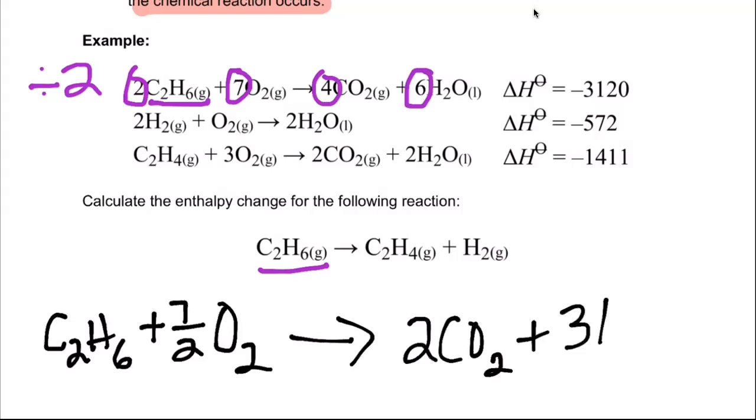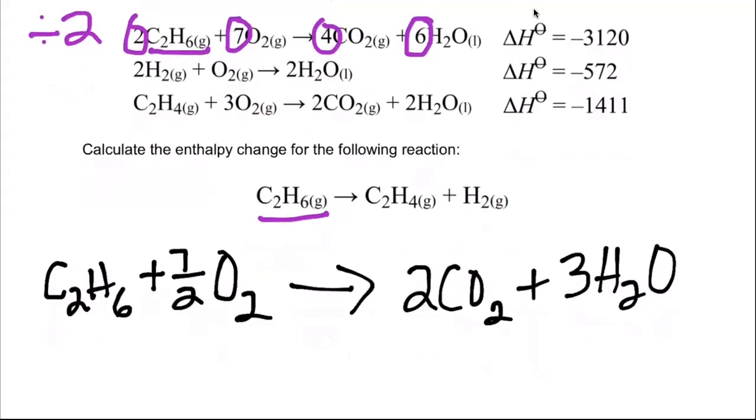So all we did on that was we divided all the coefficients by 2 so that we could have the correct amount of the C2H6 that we need for our final reaction. Now, because I divided all the coefficients by 2, whatever I do to the coefficients, I have to do the same thing to the enthalpy value for that reaction. So this negative 3,120 also gets divided by 2.